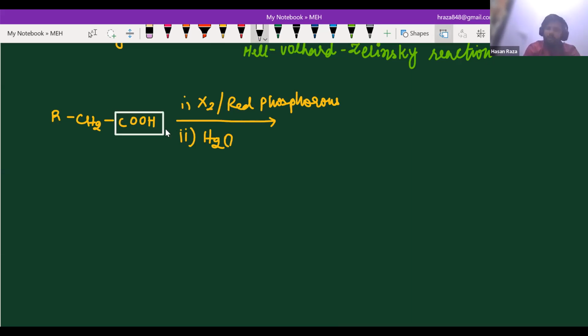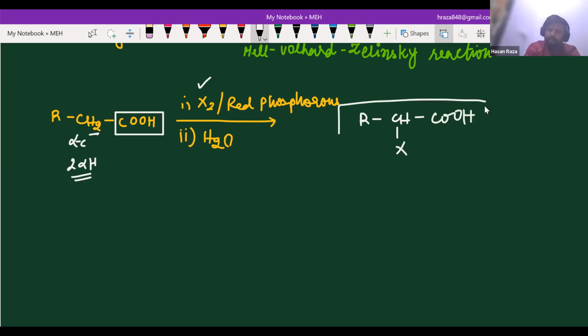This is your functional group, and this is your alpha carbon. It has two hydrogens, that means two alpha hydrogens are there. So you replace one of the hydrogens with this X, and here you will get halocarboxylic acid.